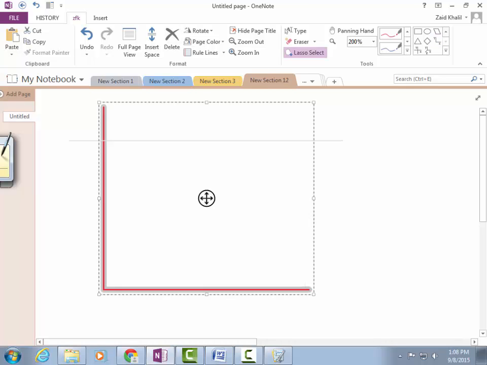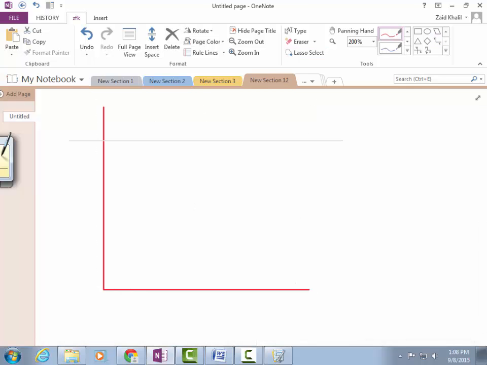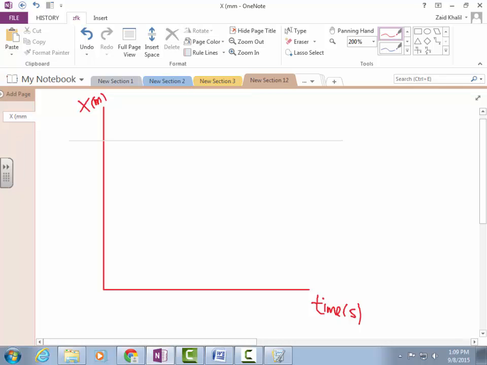All right, nice. x in meters, and this is time in seconds. So here's your position time graph. Now what I'm going to do is draw definitely a nonlinear function. So here's this nonlinear function.